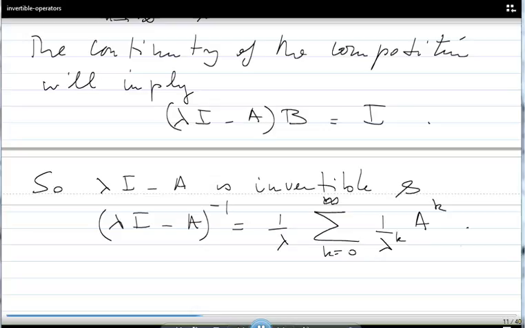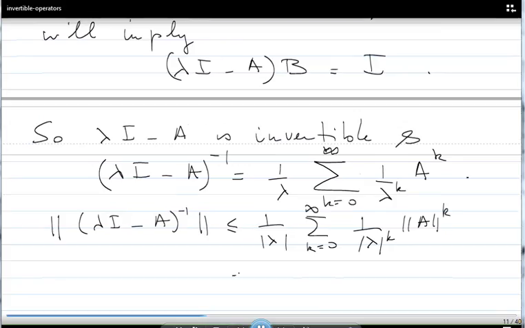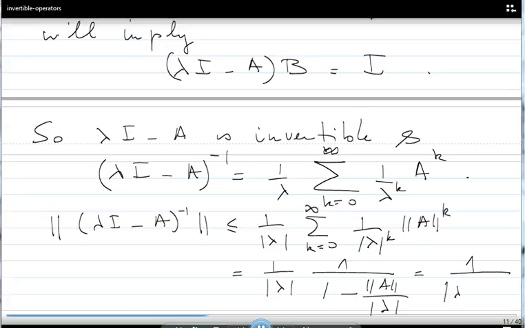So we have a very beautiful way of writing, and not only that, we have also that the norm of this operator lambda I minus a inverse is less or equal than 1 over absolute value of lambda sigma from k equals 0 to infinity of 1 over absolute value of lambda to the power k, norm of a to the power k, and if we use the geometric series from the real line, this is equal to 1 over 1 minus norm of a over modulus of lambda, which is equal to 1 over modulus of lambda minus norm of a.